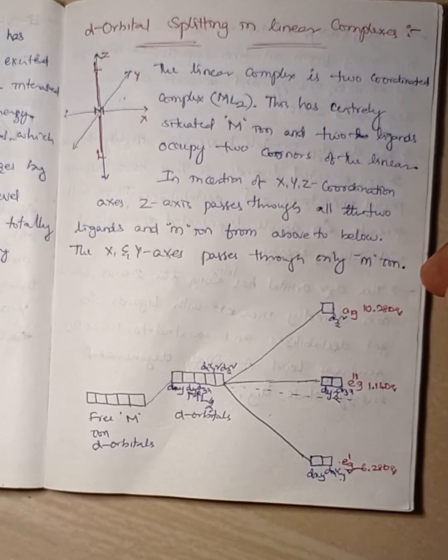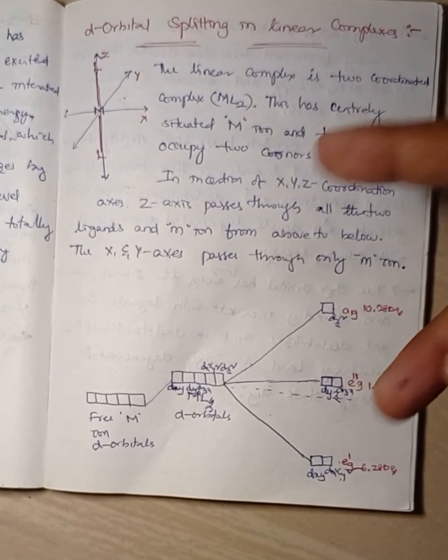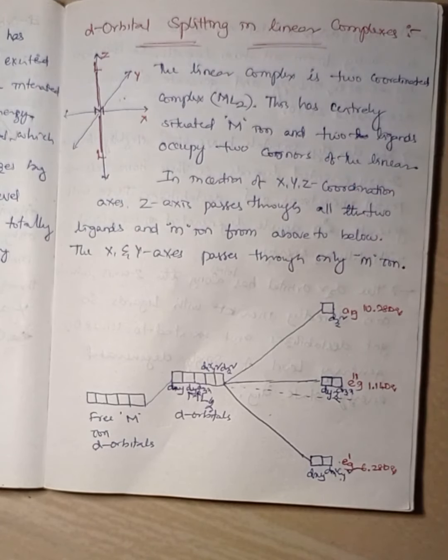The dyz and zx orbitals have lobes in between the axes which are slightly towards the ligand side, so they have partial interactions with the ligand sites, partially destabilize, and reach the E double bar g energy state, which is 1.14 dq.